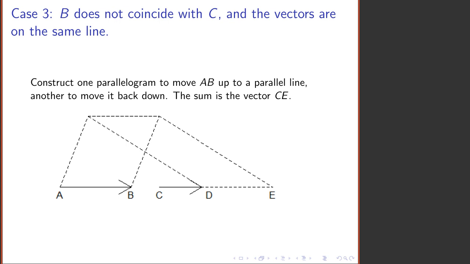And then I draw a second parallelogram which creates a vector that is equal in length to that vector and that vector, but that conveniently is drawn adjacent to CD. So now I have CD added to a copy of AB, and the resulting vector sum just goes from C to E.